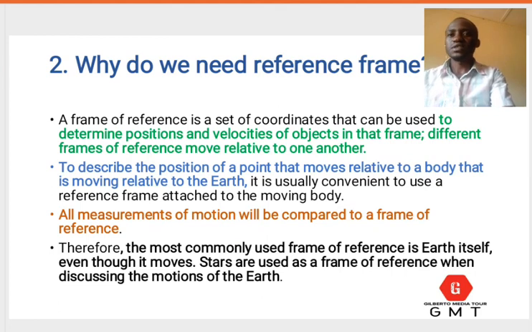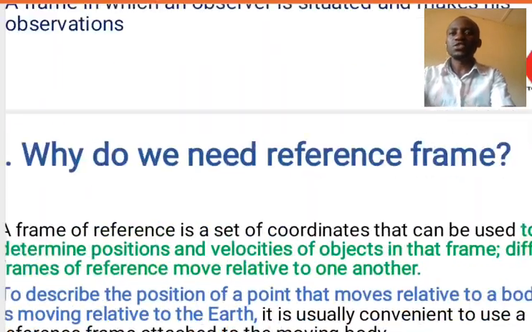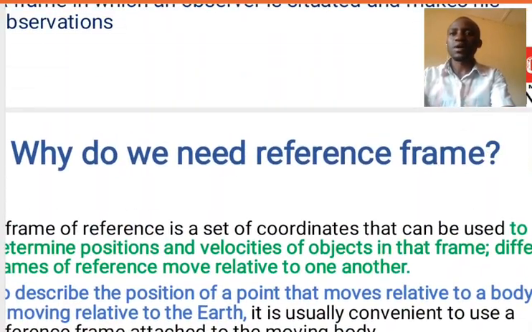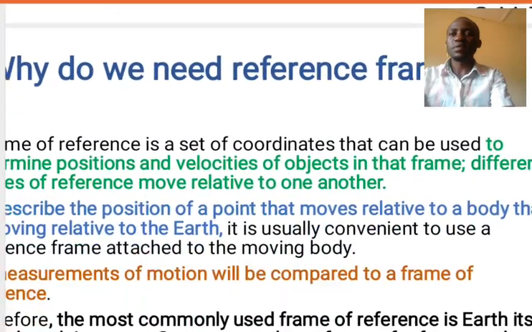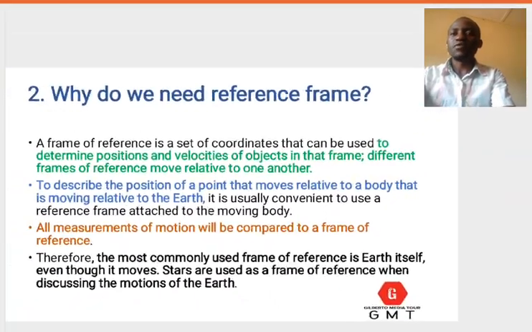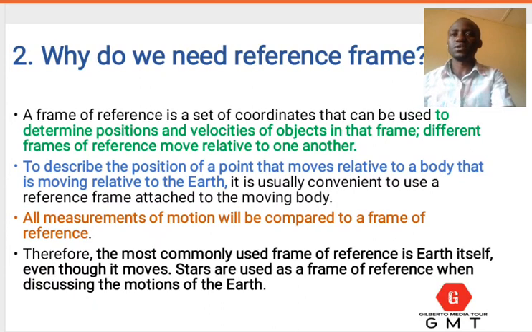Why do we need a reference frame? The second question is asking about the reason why. A frame of reference in physics is very essential in order to determine the position of a point that moves relative to a body. Also, it is essential for determining the position and the velocity of an object in that frame.